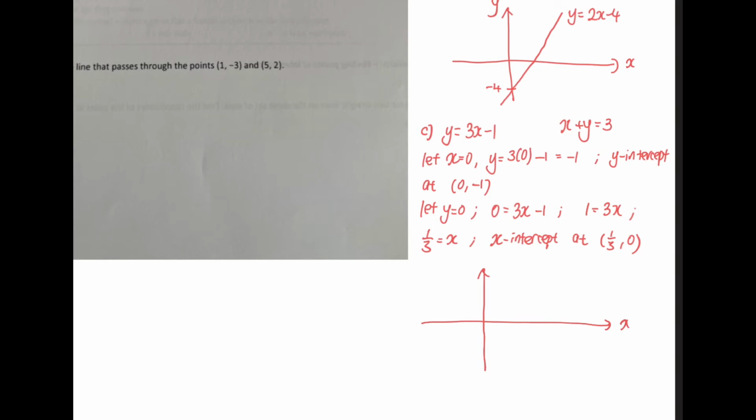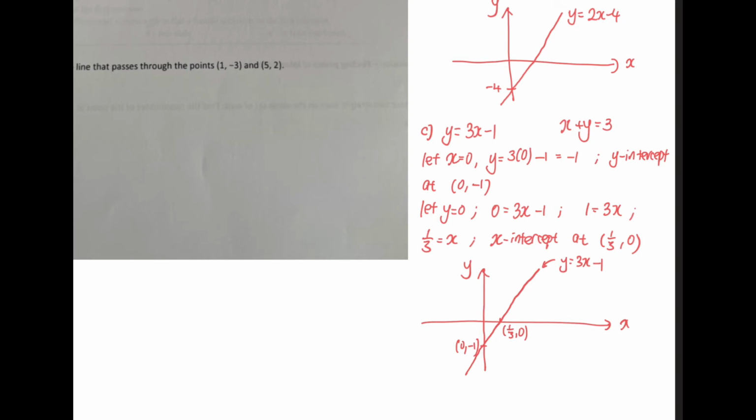So we have x, y, 0, minus 1, somewhere here. 1 over 3, 0 will be somewhere here. Then we draw a straight line. So this straight line is y equal to 3x minus 1.